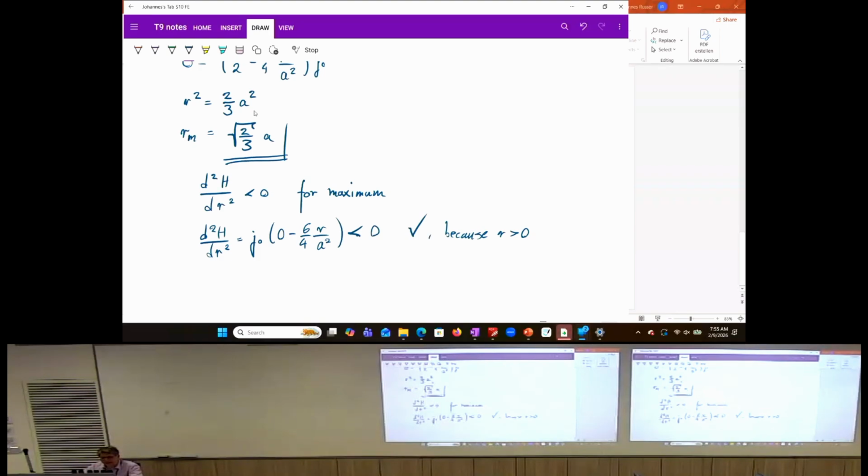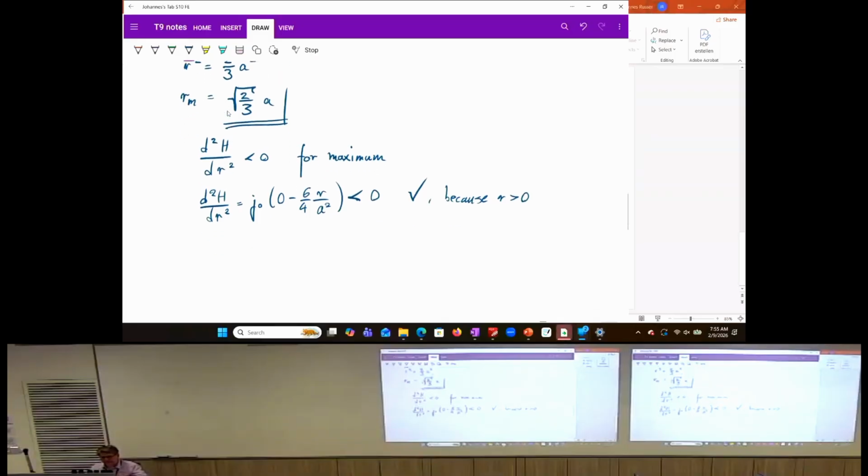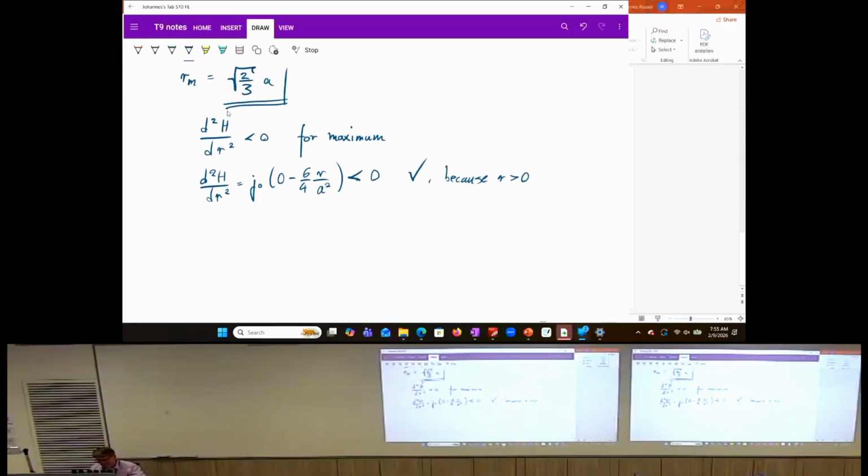And now we want to find what this value of the field is at the radius r equal to a, where the discharge tube ends, and where we have determined that there's a maximum value. This is our problem D. That tells us we should obtain H phi for r equal to a.